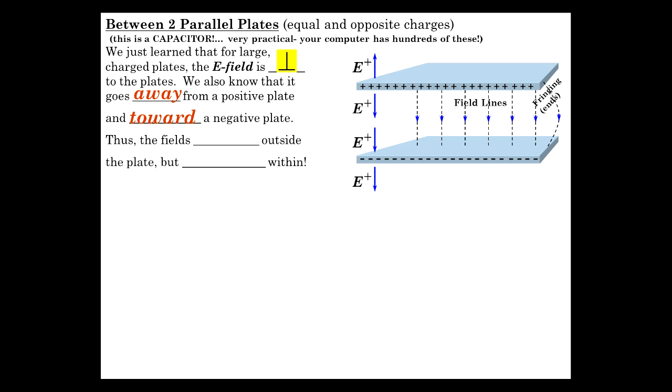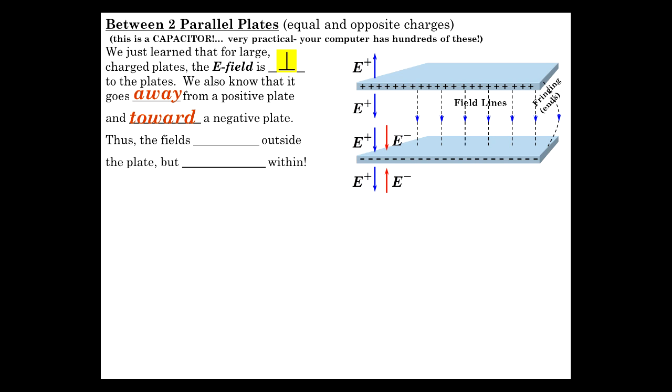And I want to now do the same thing for the negative plate. The E field produced by that charge distribution always points toward it, because it's the direction of force on a positive charge. So outside it's pointing in, inside it's just always pointing toward, okay?